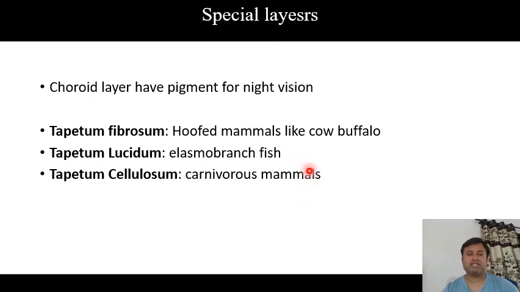These layers are responsible for night vision in animals. That is why at night, when you see animals, their eyes appear to shine. This shine or special blinking in the eye is due to the special layer present in the choroid layer, so it shines in the dark.